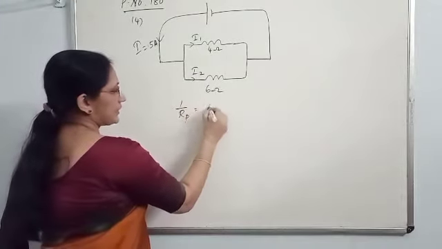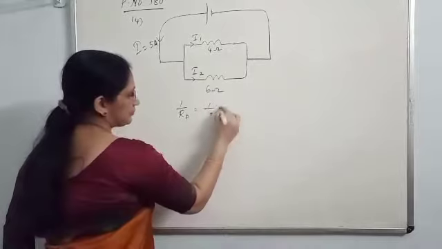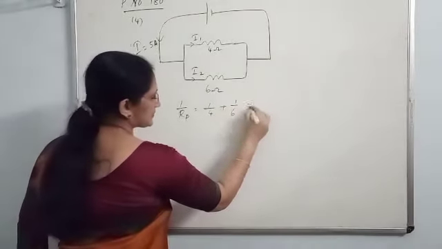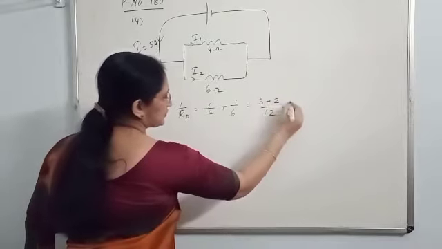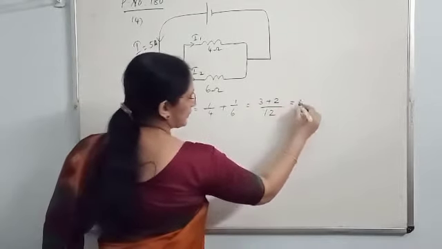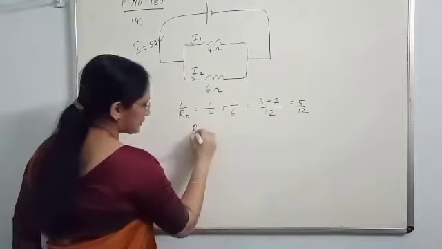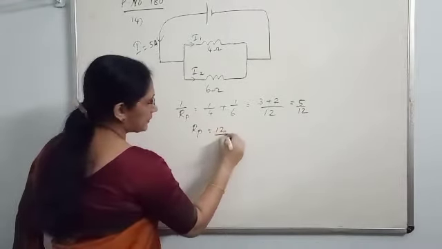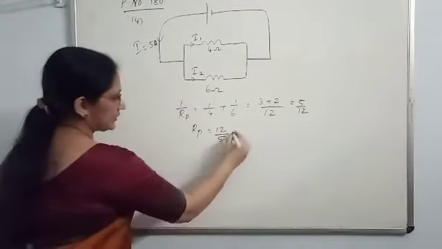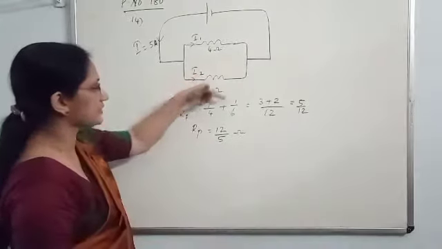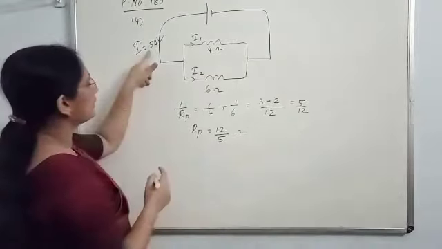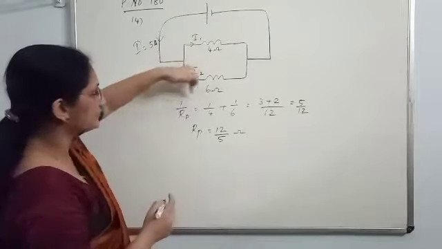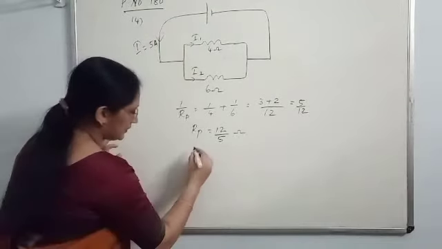That is 1 by Rp is equal to 1 by 4 plus 1 by 6. LCM 12, here 3 plus 2, 5 by 12. Rp is equal to 12 by 5. Total resistance of this section you got as 12 by 5 ohm. Then the total current of this section you know, 0.5.